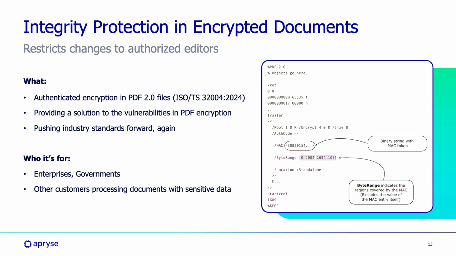And the great thing about this, and it does ring true with most of the things around the PDF world, is that this approach is fully backwards compatible. So if today you get the latest version of iText and you want to introduce this MAC integrity protection, rest assured that you can still open these PDF files on legacy PDF software.